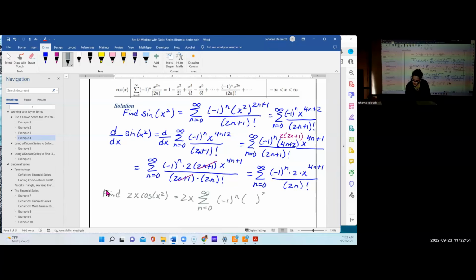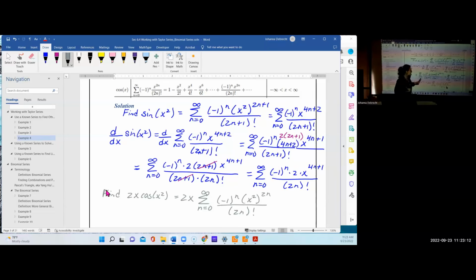Now I need to replace my x with x squared because I'm trying to find the power series for cosine of x squared. So I get x squared to the 2n power divided by the quantity 2n factorial.